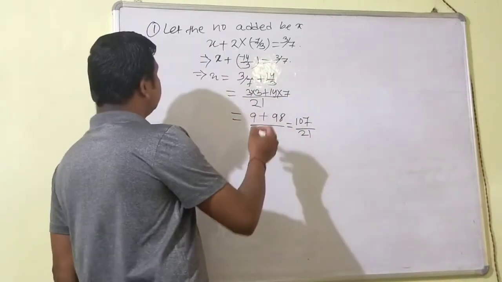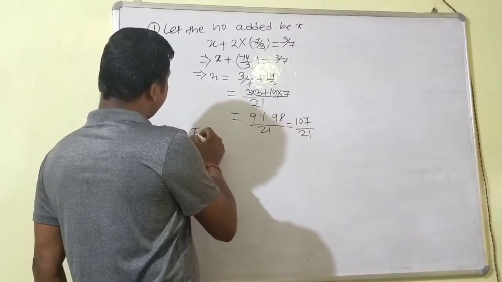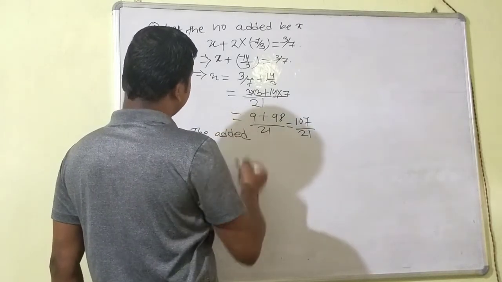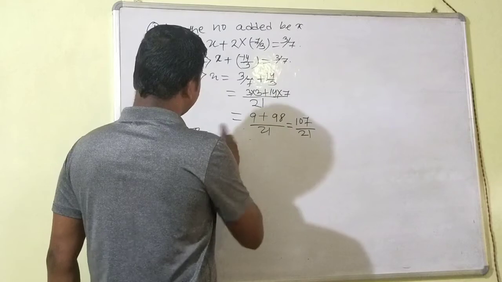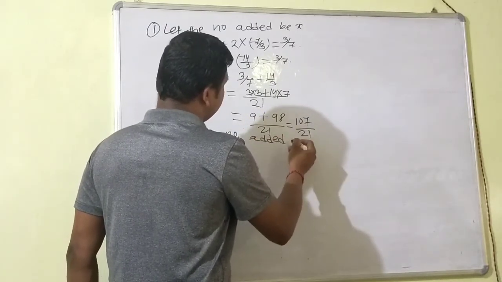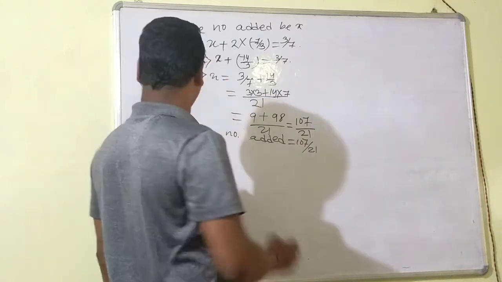This is the number. Therefore the number added is equal to 107 by 21.